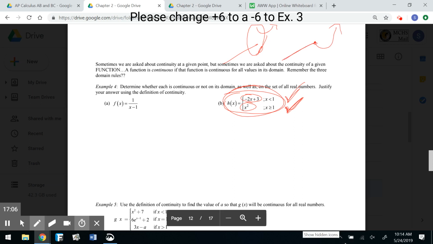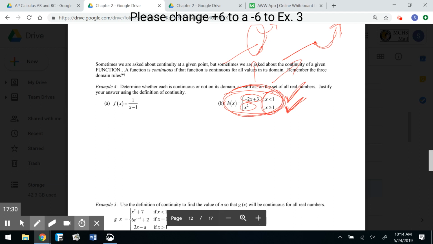If they do, then it's continuous. What can help me figure out whether the piecewise function has a jump or not? The line is continuous everywhere, the parabola is continuous everywhere, so the only thing that can mess it up is x equals 1.